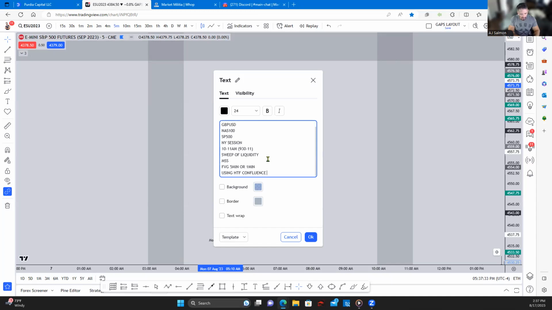Okay, work your way from the daily to the 5-minute, and then look for your entries down on the 5-minute or 1-minute. Okay, our entries are going to be in the fair value gap.